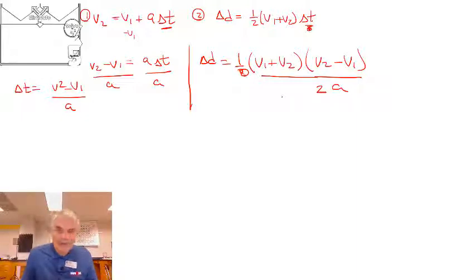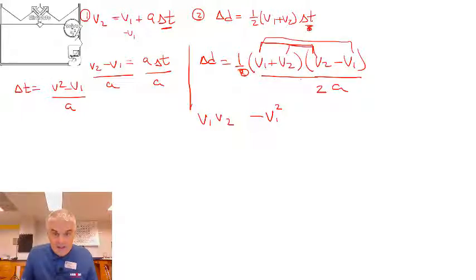So if I carry this out, I've got V1 times V2, this is like, remember, from algebra, minus V1 squared, that's this times this.